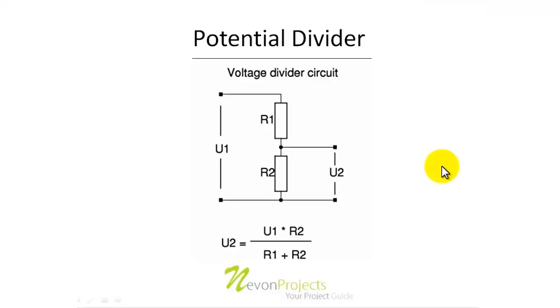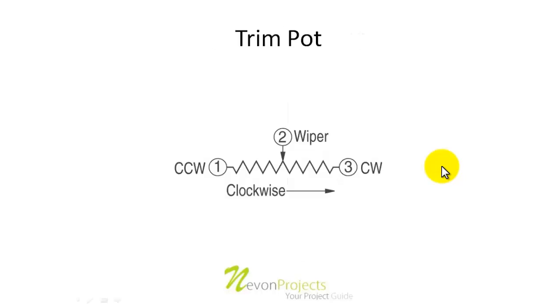Just now we saw the simulation of the potential divider circuit. Now let us move on to the next section, the trim pot. Trim pots are based on our potential divider.